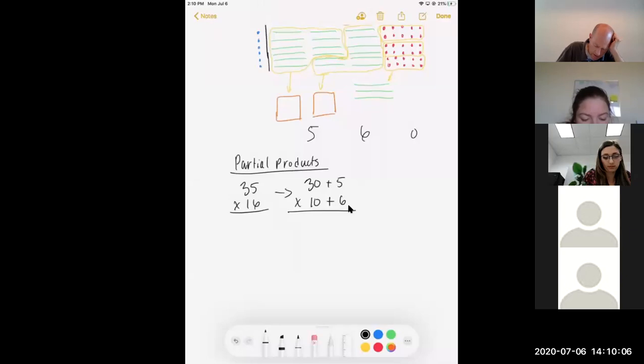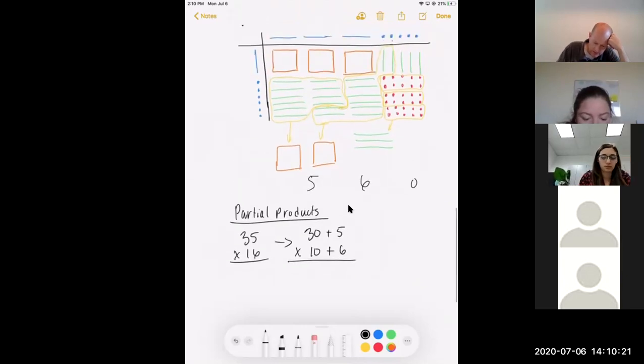And we'll go ahead and multiply each one of these partial products, like 5 times 6. Kind of like the standard algorithm, but I'm going to write down all of them. And the 5 times 6 is because of the red unit cubes. Okay? So there's 30 of those. Okay, so you just do this one first, and then you're going to go here next.